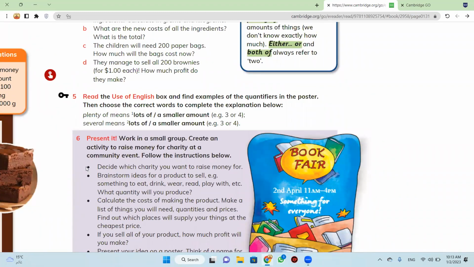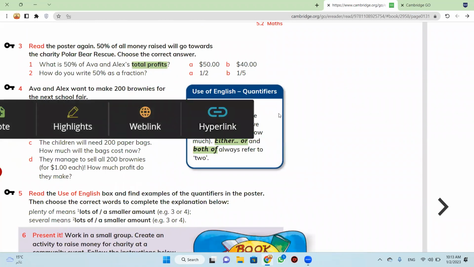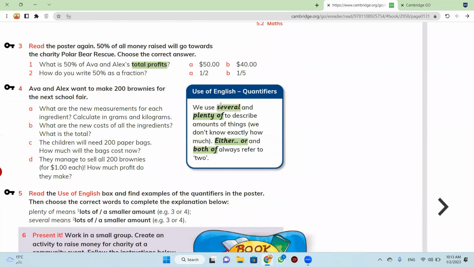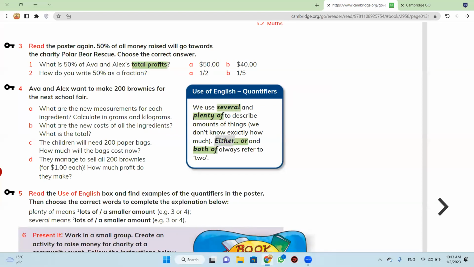Activity 5. Before going to the activity, we have a use of English now, quantifiers. Maybe you guys already know a lot of quantifiers. We have new ones here, like several, plenty of, either, or both of. So we use these words to describe amounts of things.